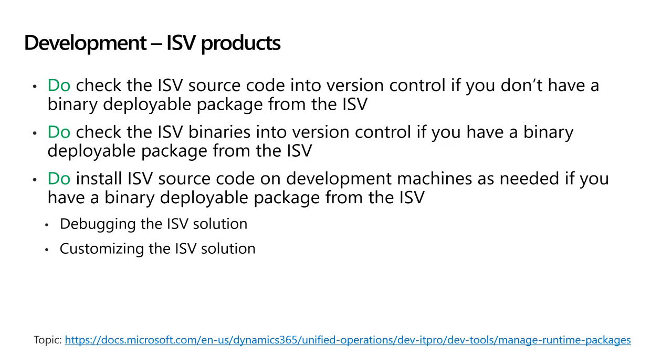The build machine will copy those binaries straight into the deployable package in that scenario. You can install the source code on development machines as needed, even if you're using a binary deployable package for the runtime environments. The scenarios for doing that are debugging the ISV solution and customizing the ISV solution.